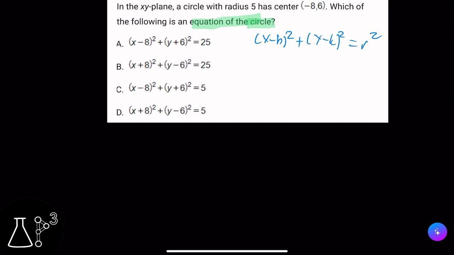What do I mean? We just square the radius. So we plug in 5, and 5 squared is 25 for the right side of the equation. Therefore, C and D are already incorrect.